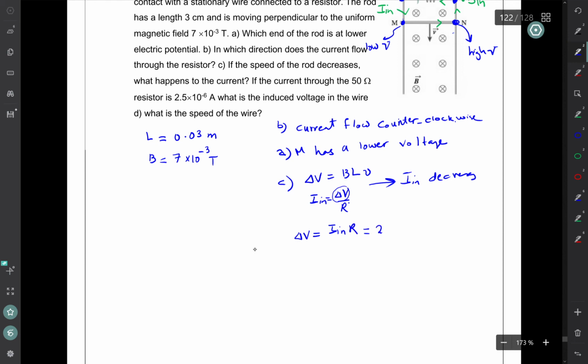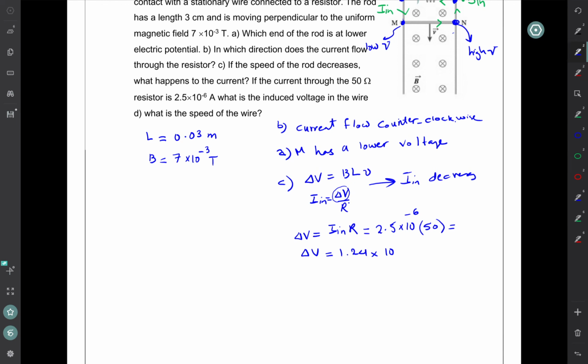I induced is 2.5 times 10 to the minus 6 and R is 50 ohm. If you do that, you will end up getting delta V being equal to 1.24 times 10 to the power of minus, I think it's minus 4 volt. I don't remember the exact answer, but I could double check that. I have sent you the solutions.